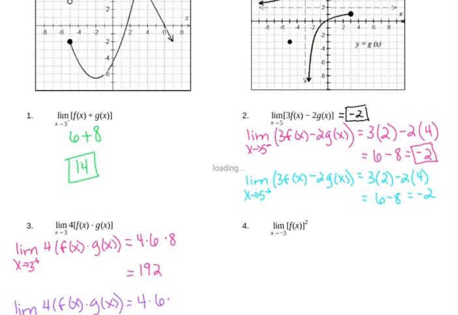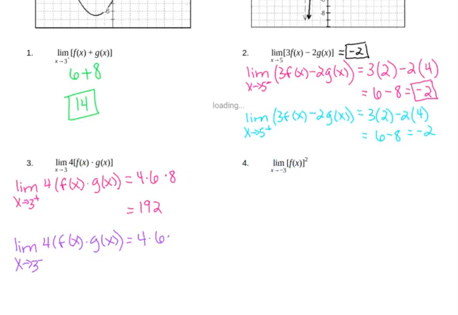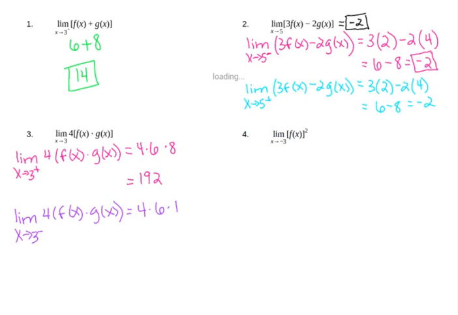Now let's look at our graph and see what happens when we approach 3 from the left side on g of x. That's going to be down here, which is going to be 1. So I get 4 times 6 times 1, which is 24.